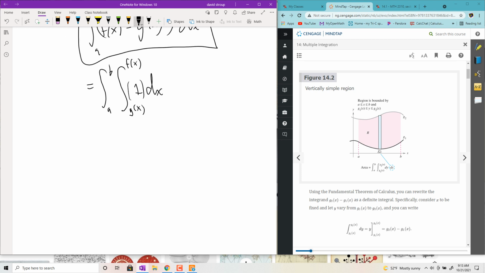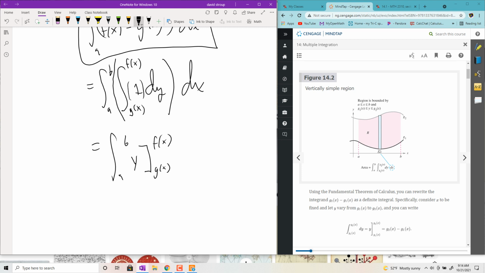Okay. But anyways, long story short, you can achieve this integral using a double integral in the way I've just written, because if you integrate this inner part here, you'll have the integral from a to b, and then the integral of, and we should have with respect to y first, right? So this would be dy, and then on the outside dx. So you would have y evaluated from g of x to f of x, and then you go dx.